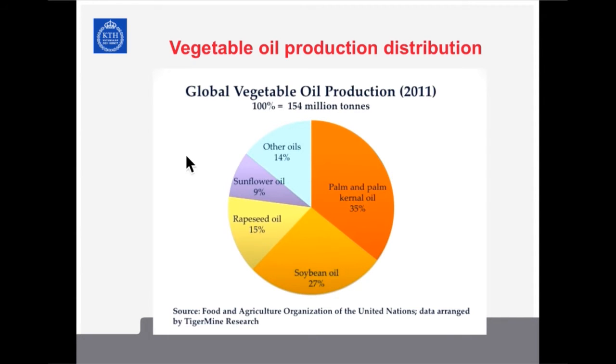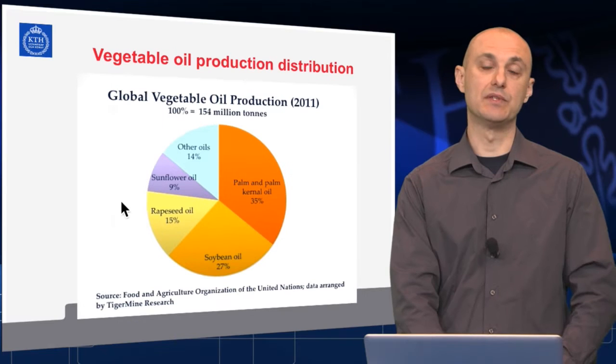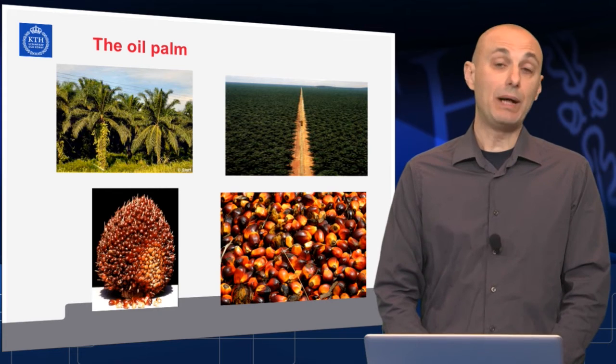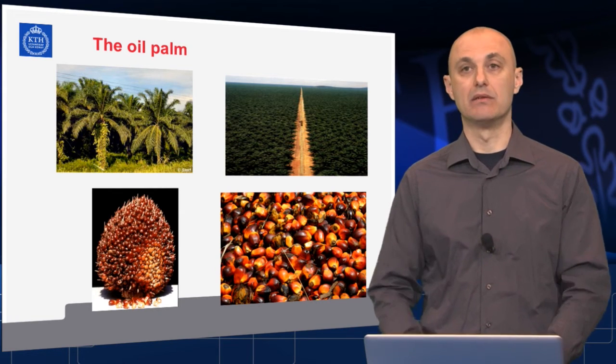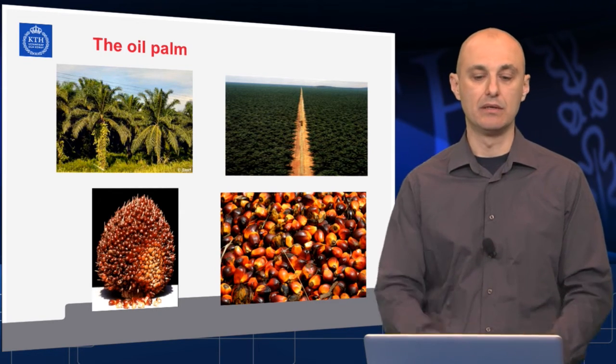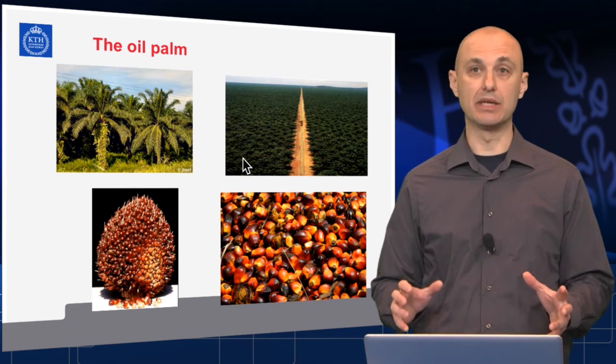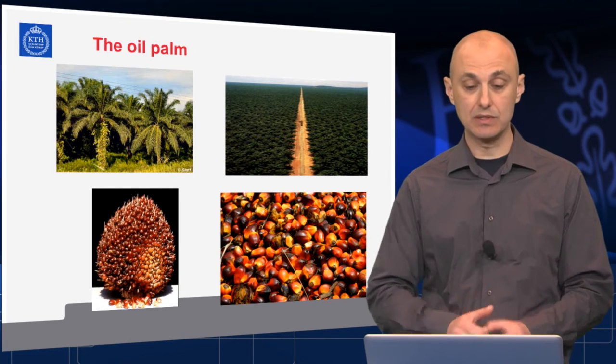Sunflower in southern and eastern Europe, well, olives also, but they're expensive. Rapeseed oil in northern Europe, completely ruling the scenery. Oil palm, very interesting. It's actually a tree originating from Central Africa, now being grown everywhere in the equatorial and subtropical climates.